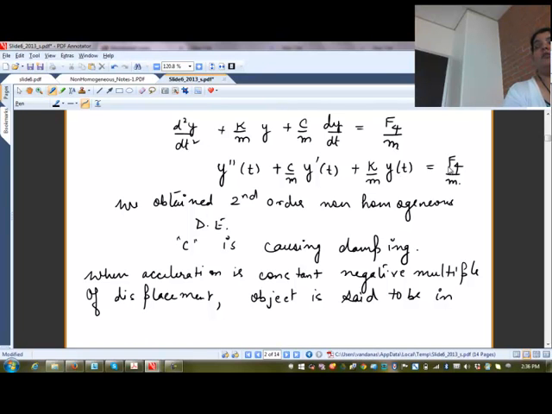We are, say, not taking external force. Then in that situation, the object is said to be in simple harmonic motion, SHM.